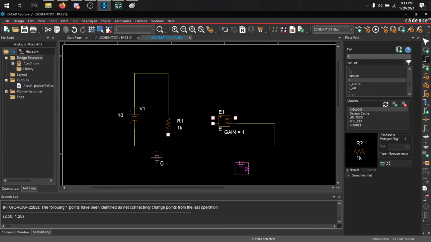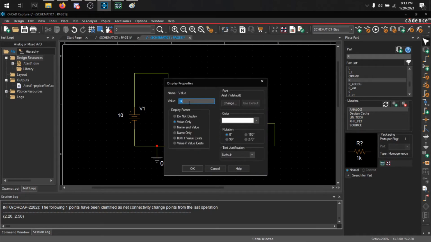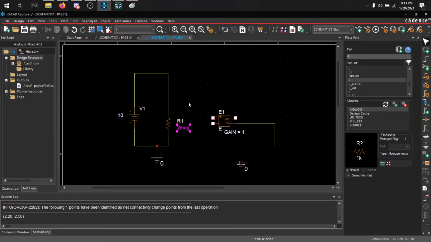I want this to be gigantic, so let's go 2 meg. I need to pull the voltage off of that. And let's put a resistor at RL.